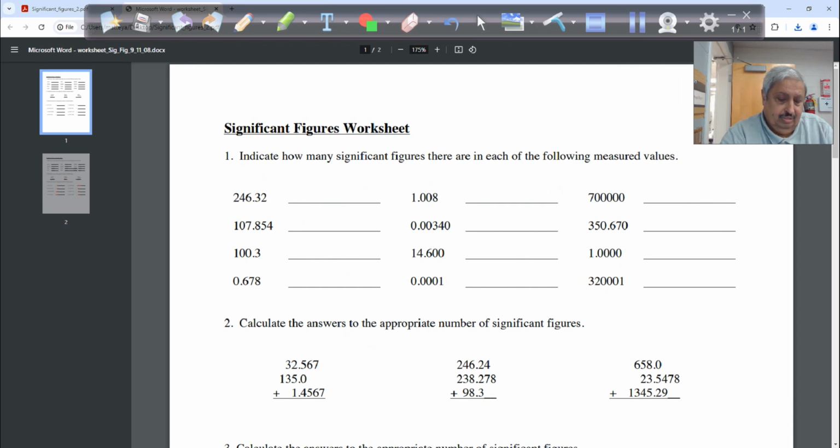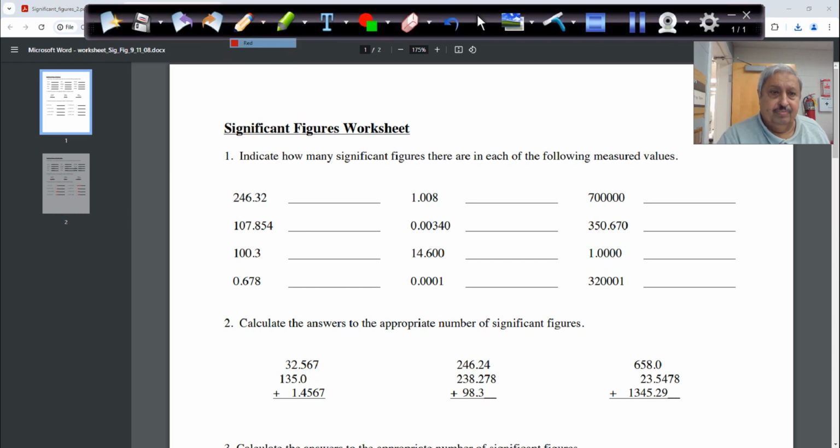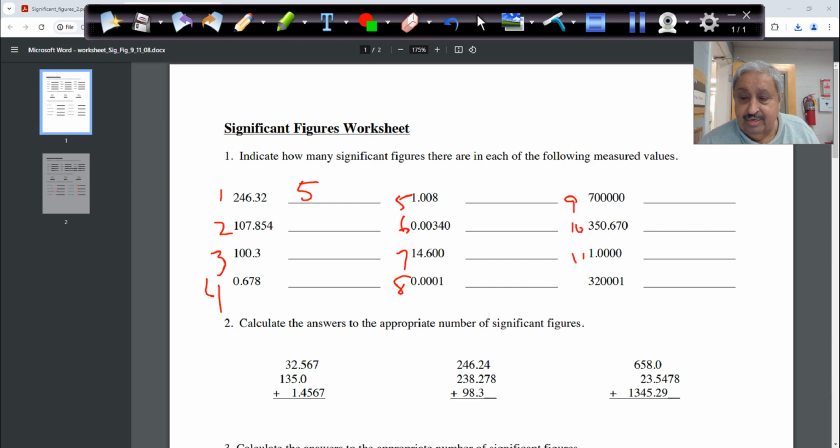Question is, you tell me about the sig figs. Let's do them quick. First one, how much? 5. Second one, how much? We are going 1, 2, 3, 4, 5, 6, 7, 8, 9, 10, 11, 12.